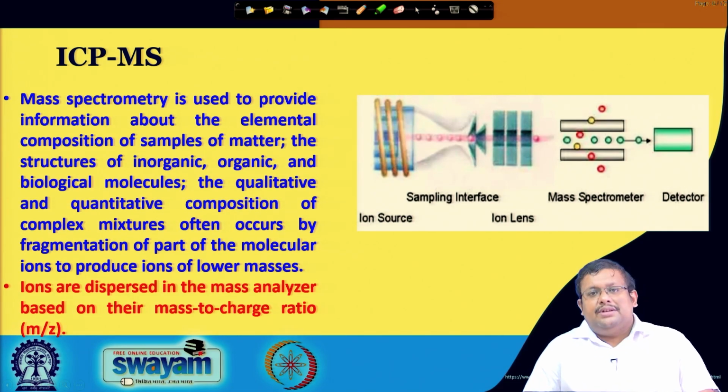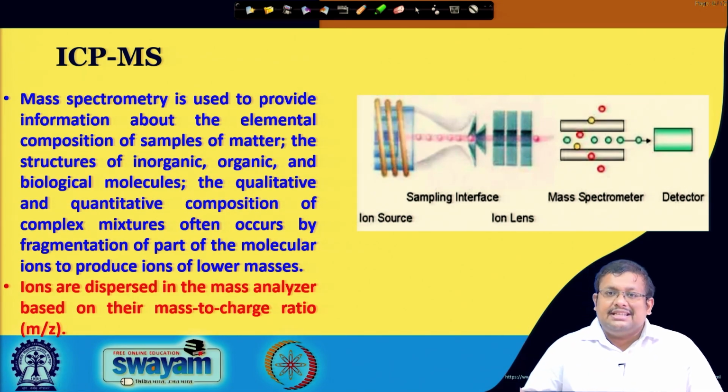Now, mass spectrometry, what is the benefit? You have already seen ICP-AES, atomic emission spectroscopy. Now we are talking about ICP-MS, which is more sophisticated. Remember, MS stands for mass spectrometry.